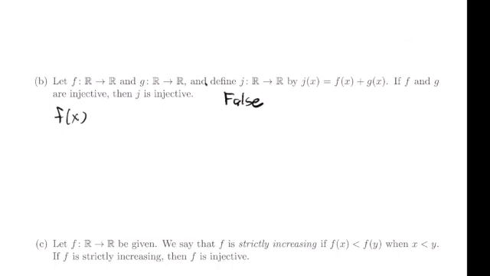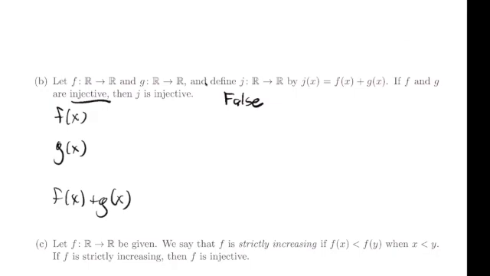That means we need to come up with two functions, f and g, each of which are injective, but the sum is not injective. When you're trying to come up with counterexamples, my suggestion is to think about the simplest examples you can work with, rather than try and cook up the most complicated thing. Does anyone have something in mind that might disprove this?